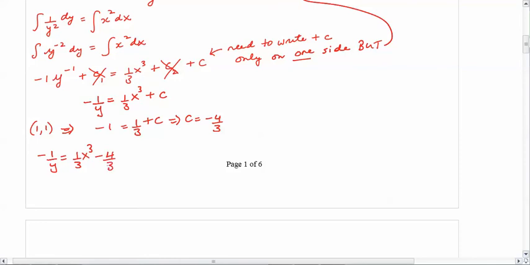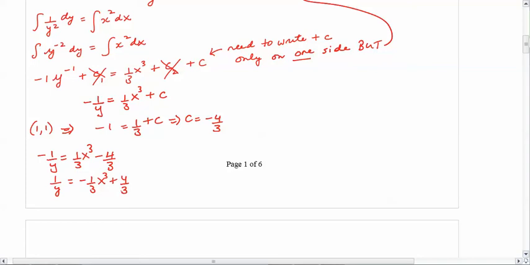Now remember what I'm trying to do. I'm trying to solve for y. And I don't want 1 over y or negative 1 over y. I want y equals. So we've got a bit of algebra to do. Let's first of all get rid of the negative sign on the right-hand side. And I've now got the reciprocal of y.